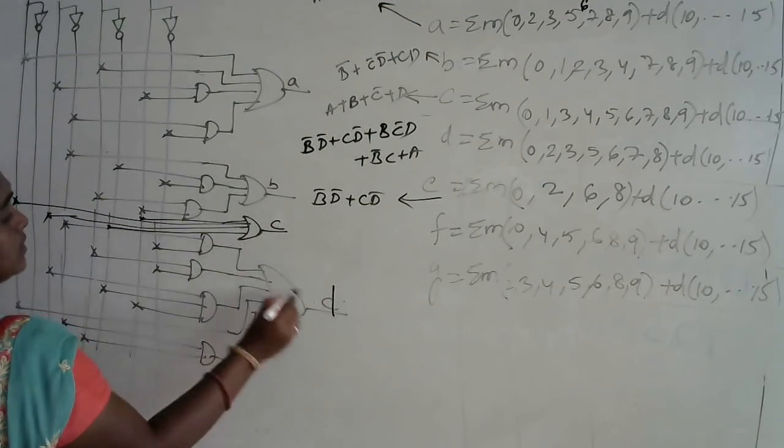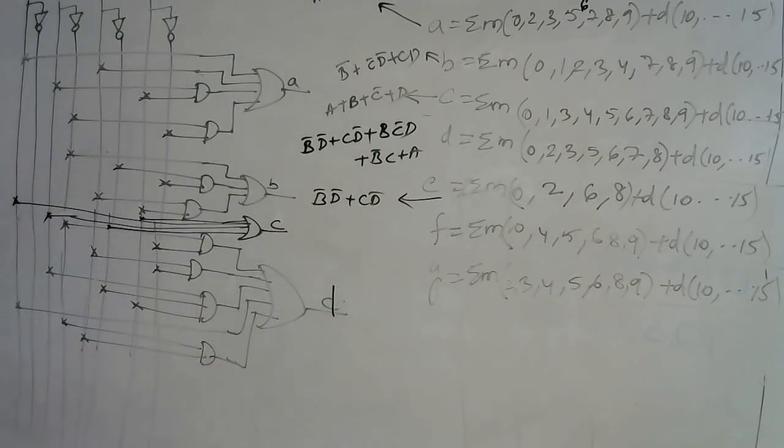This is C, this is D. Similarly, whatever the expressions which we are getting for E, F and G, just expand these lines by using AND, OR and inverters. We can draw the logic diagram.